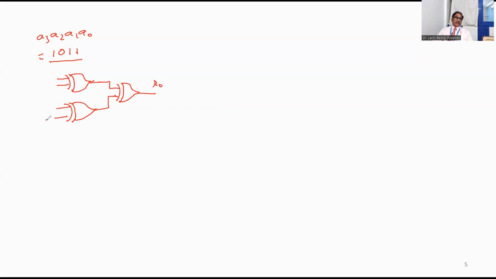So I may be using A0, A1, A2, A3. The message I'm going to send is A3, A2, A1, A0, R0. This is the message I'm going to transmit. We want to use the even parity mechanism, so let us use even parity. So this is the generator circuit.